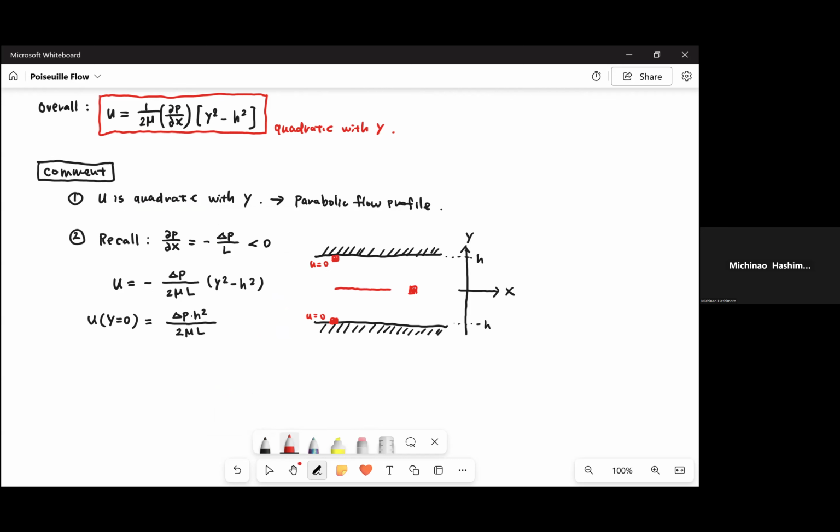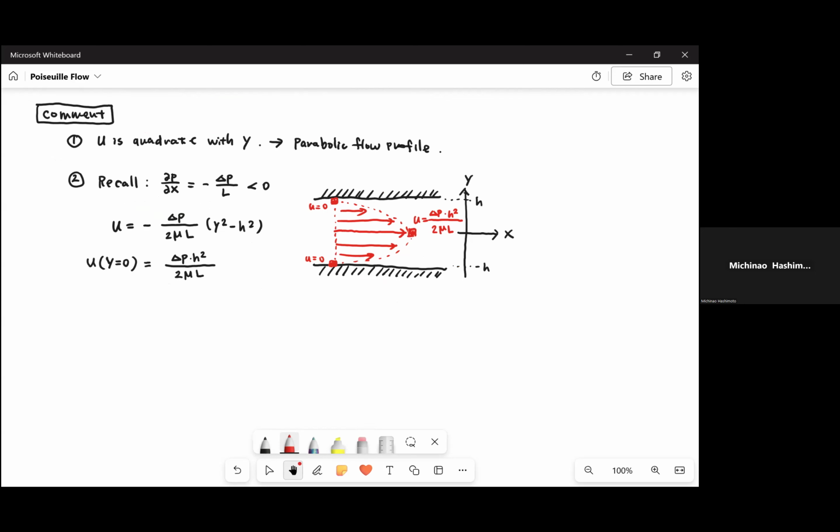At this point, there is the most flow. This looks like a parabola, a quadratic. So this is the velocity profile that we are achieving here.